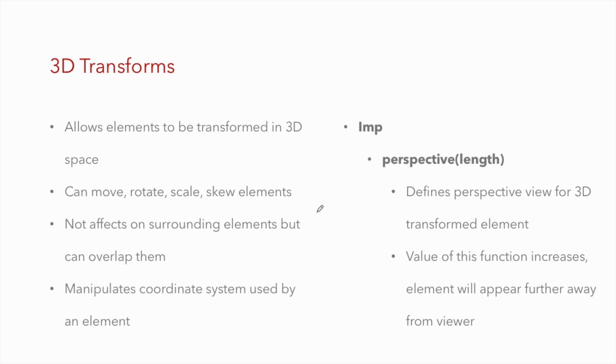Just like 2D transformation, in 3D transformations also we manipulate the coordinate system, and that is how the elements get transformed. Here we make use of the perspective function where we specify the length, and using this we create a new perspective view for the 3D transformed element. As the value increases, the element will appear further away from the user. That is how it gives you the illusion of depth.